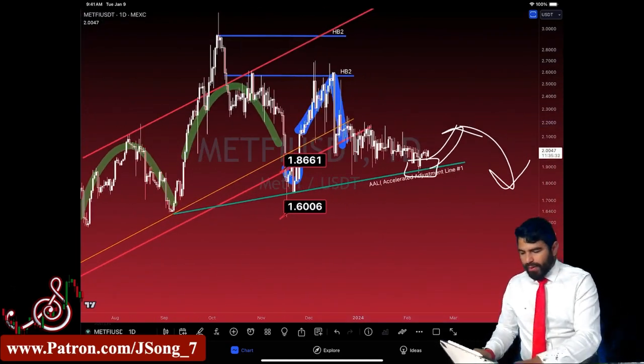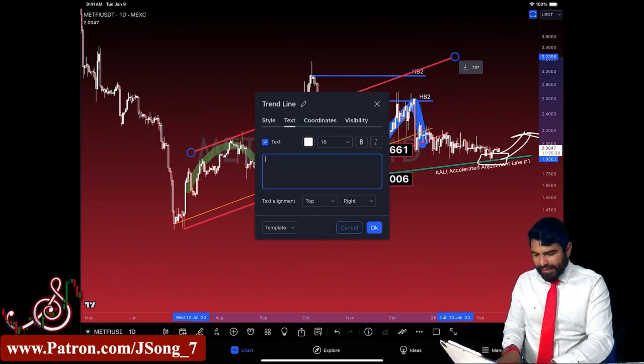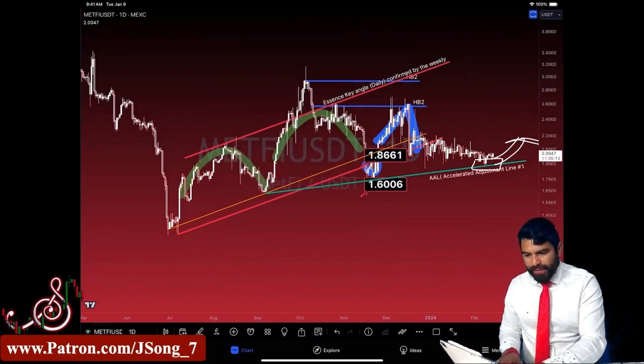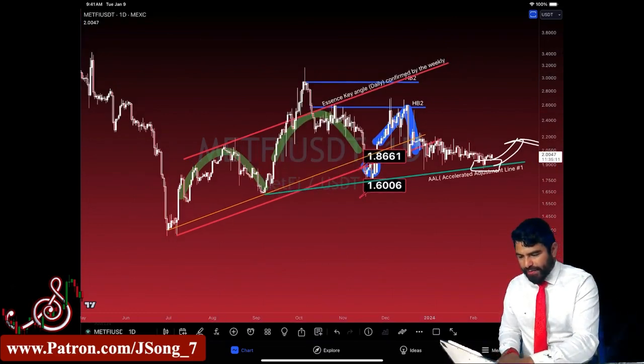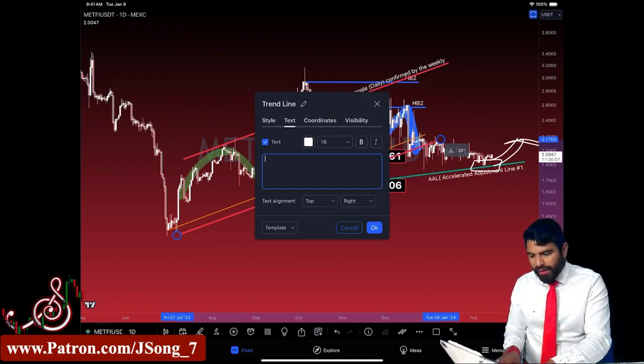Okay, using the key angle that we found, this is the essence key angle on the daily chart, confirmed by the weekly chart. That's what we found. That's our essence key angle. This angle down here on the bottom, which is the same angle, would have been our phantom, okay, essence phantom.